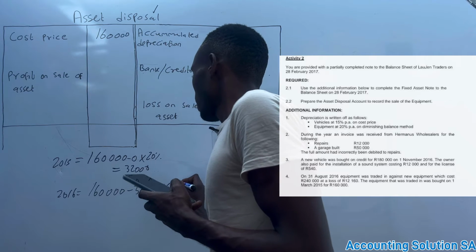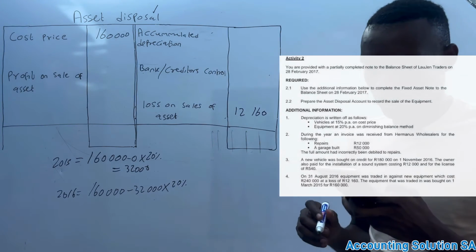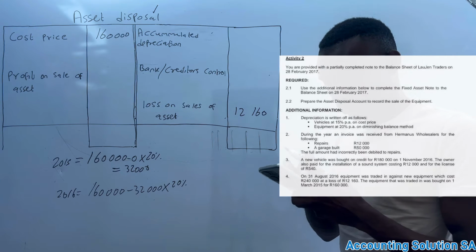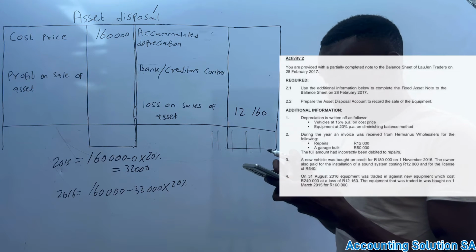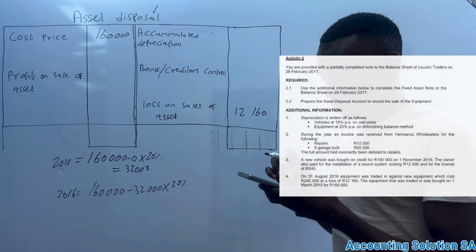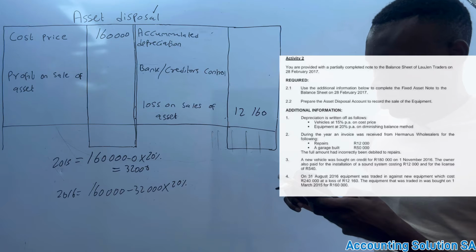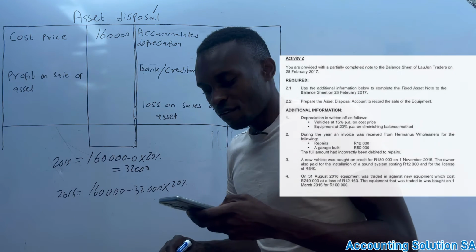Then we multiply by 20%, and we count the months in this case. 160,000 minus 32,000 multiplied by 20% is going to give us 25,600.